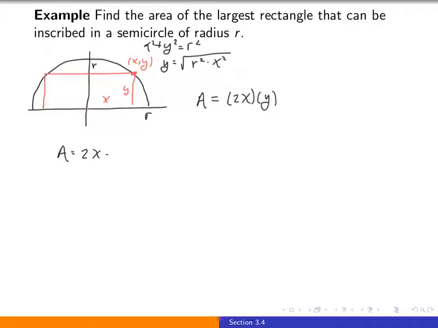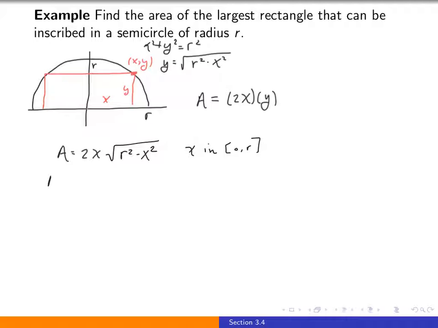So 2x times the square root of r squared minus x squared, where in this case, how big and small can x be? x can be as small as 0 or as big as r. And what we would like to do is find the maximum of this function.